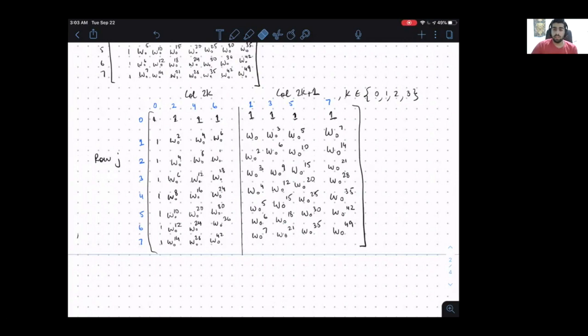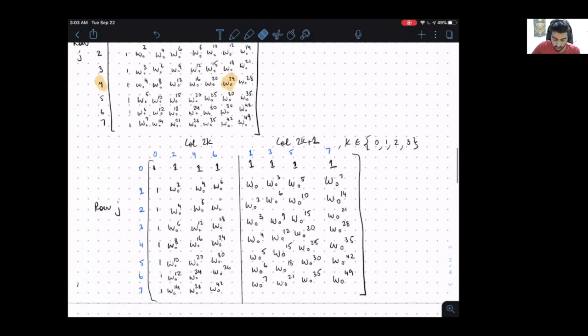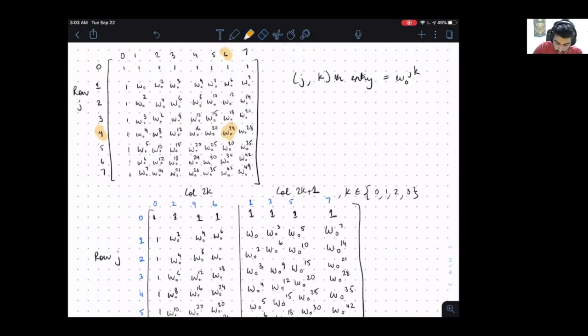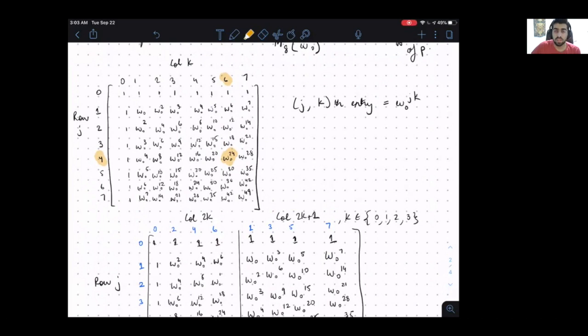Okay, so I've written out the reformulated, restructured matrix. In case it's not completely obvious what I did here, let me show you exactly. I took these columns, which are the even columns of this matrix: this one, this one, this one, and this one.